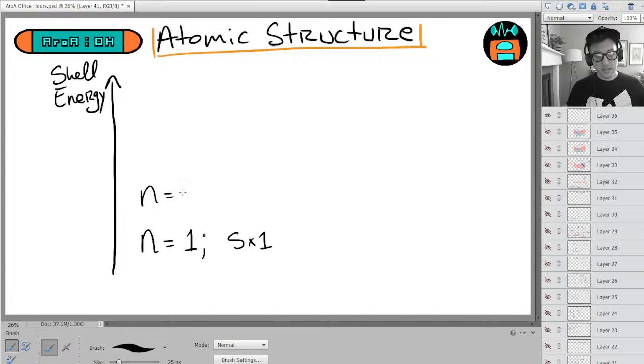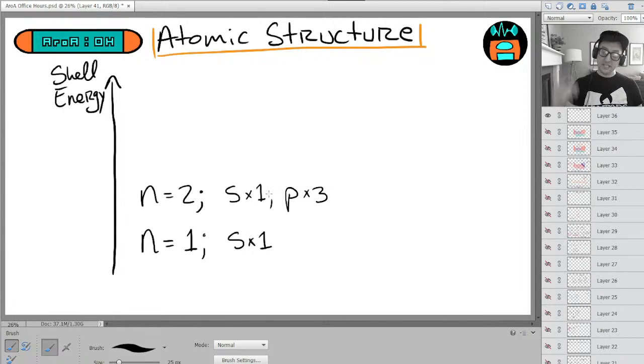In the second shell, you not only are gaining an energy level with your shell, you're also gaining an available subshell. On the second shell, you have the s subshell, and there are 3 p orbitals comprising the p subshell. So on the second level, you gain an energy level, you gain a shell.